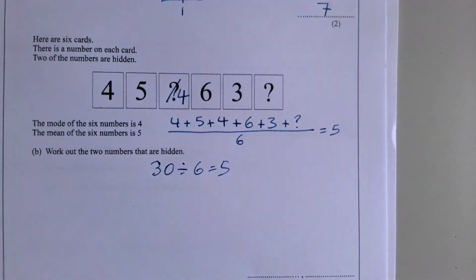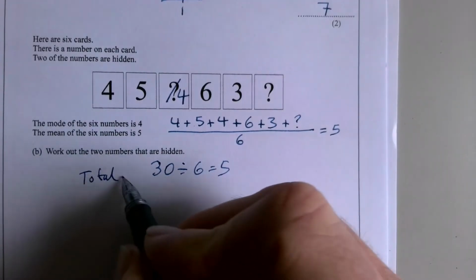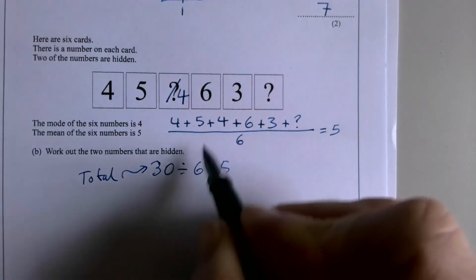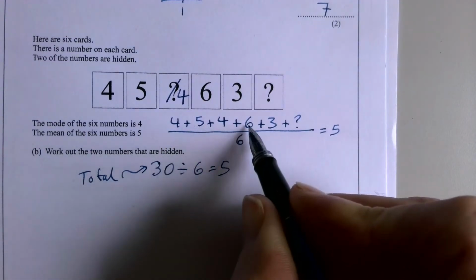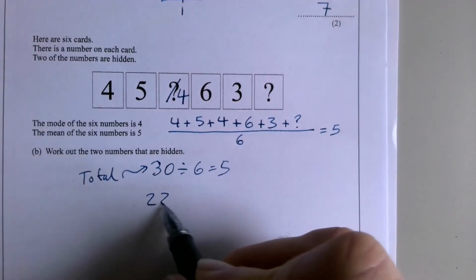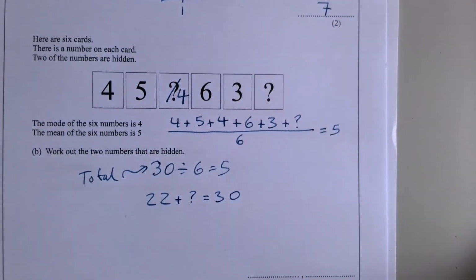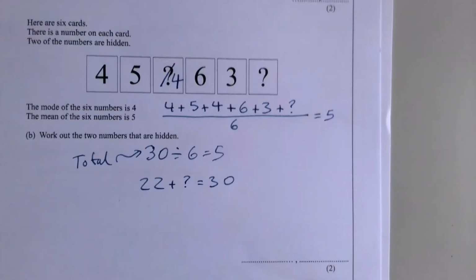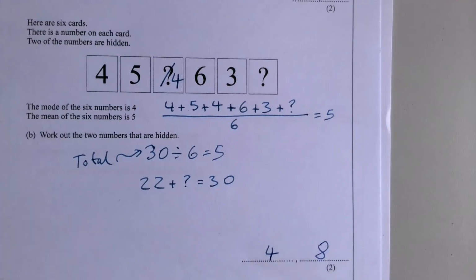So if you just use your times tables, you can get the total is 30. Now if I add these up, 4 plus 5 is 9, plus another 10 there is 19, plus 3 is 22. So 22 plus that question mark must equal 30, and therefore the question mark must be 8. So we've got 4 for that one there, and the 8 for there, for both of our marks.